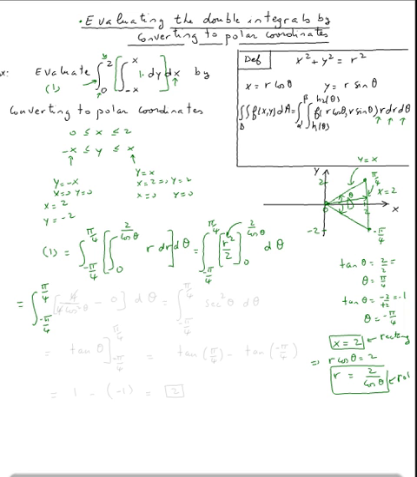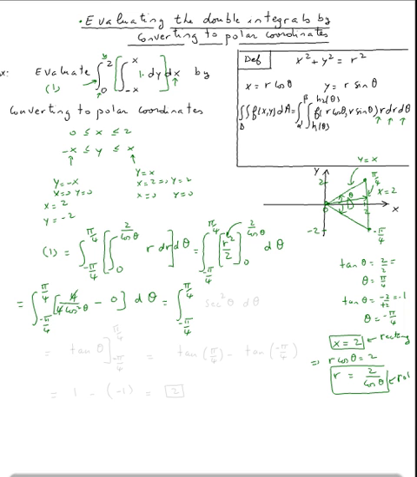If we plug in r, we'll get 4 over cosine squared theta, everything over 2, minus 0, d theta.